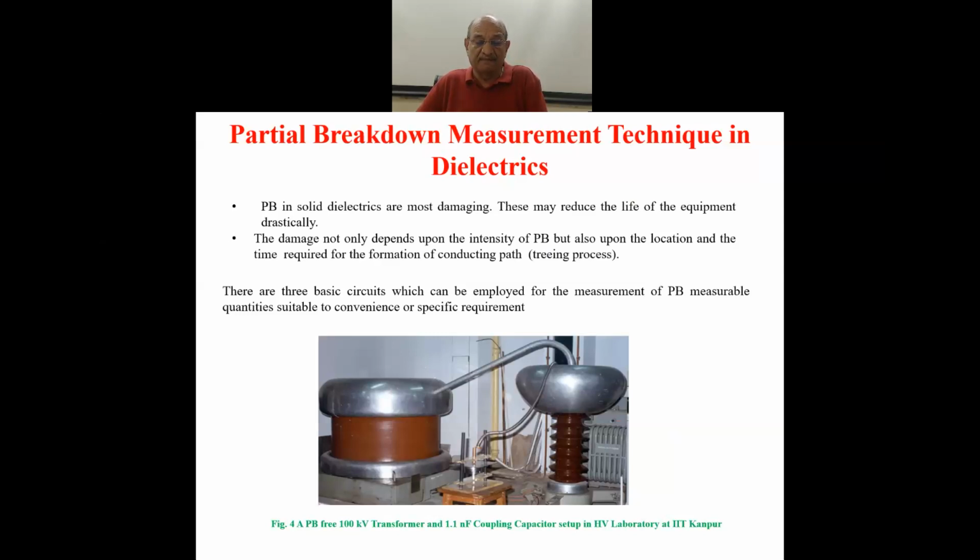In air, the partial breakdown is known as corona, and in solid, whenever partial breakdown takes place, it may cause a kind of permanent damage to the solid dielectrics. And the partial breakdown activity is also there in liquid dielectrics.